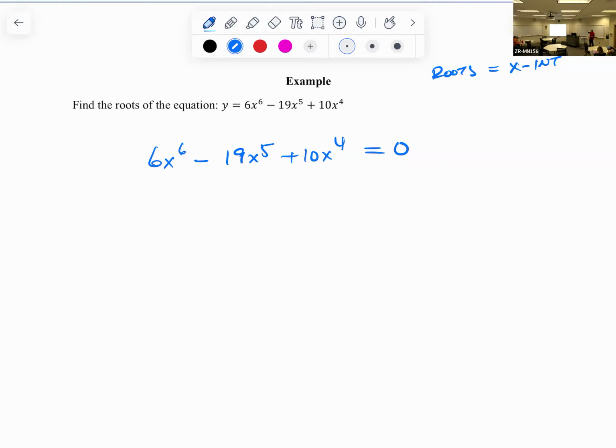What I want to continue to emphasize is that equal to 0 doesn't matter until the very last step. Otherwise, all I care about with this is to do what with it? What have we been doing this whole chapter? Factor. I'm going to factor this. That's all that matters.